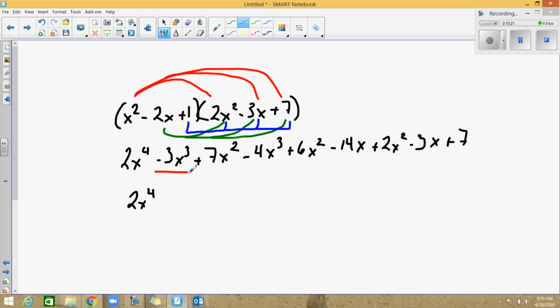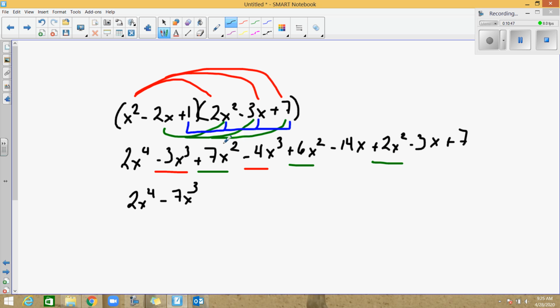Here's an x cubed, here's an x cubed, and as you see, I don't have any more. So when I combine things that are the same sign, I get that sign, add their absolute values, and apply their term. So there I have my x cubed terms. And then I come here to my x squared terms. I have a 7, I have a 6, and I have a 2, and they are all the same sign, so that's very beneficial.